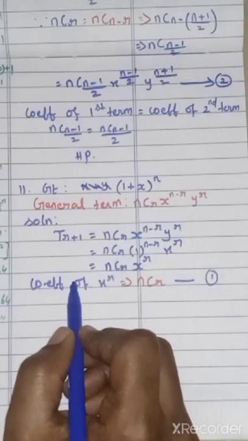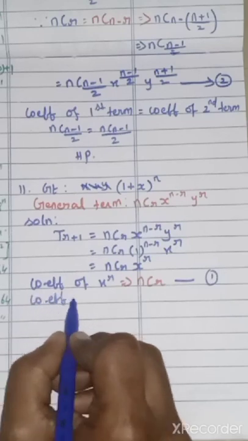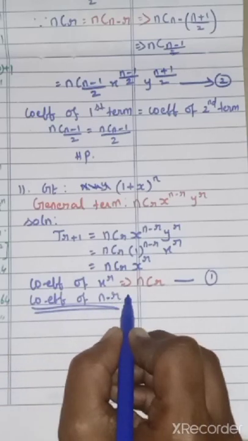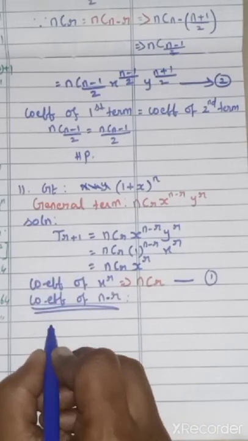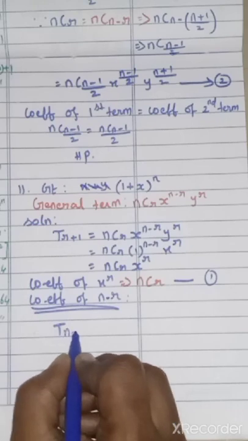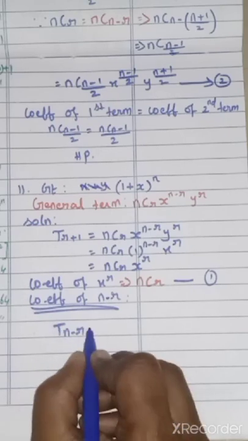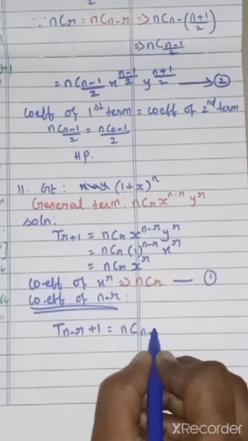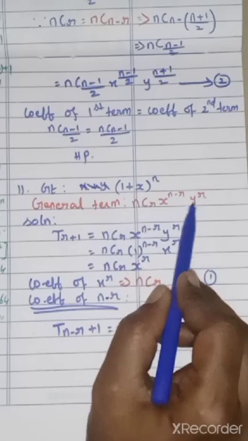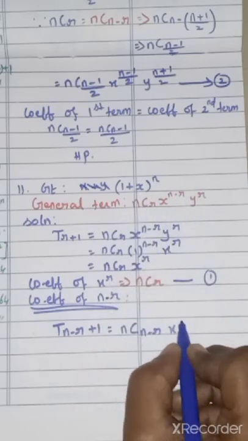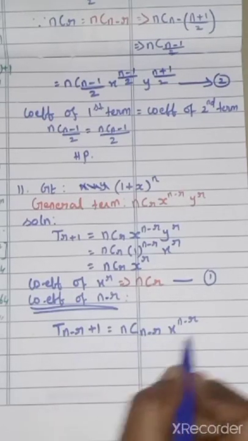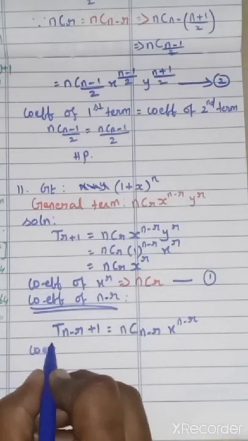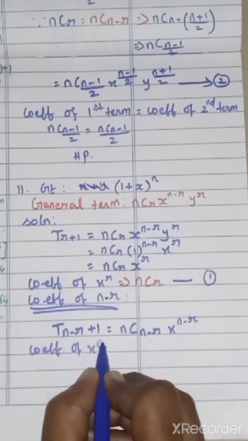Now again we want to find the coefficient of x power n minus r. Instead of r, we take T(r+1) with x power n minus r, because that term only we want to find now. So T(r+1) equals nCr, with x power n minus r. 1 power anything is 1, so there is no need to write it, just y power r. Now what is the coefficient of x power n minus r?